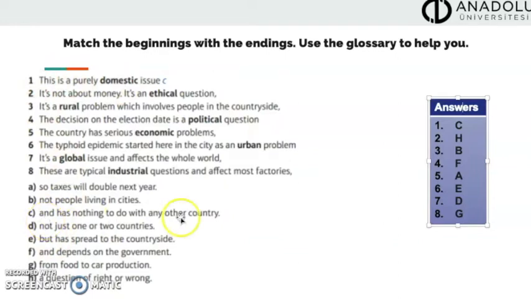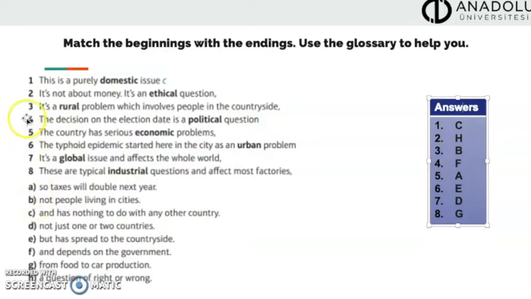It is not about money. It's an ethical question. H, a question of right or wrong. Number 3. It's a rural problem which involves people in the countryside, not people living in the cities. It is rural, people in the countryside.